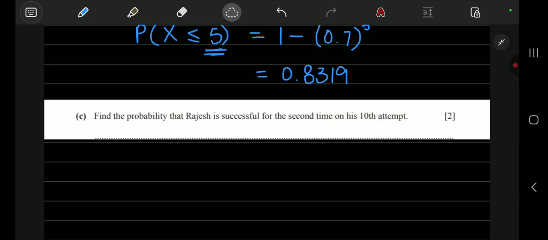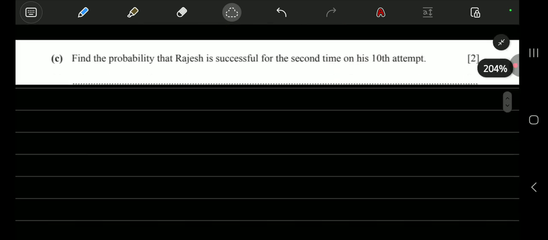So this is not a geometric distribution, because they are mentioning how many successes you get in a number of attempts. So this is a type of binomial distribution, where you repeat the experiment n times, and out of that you count how many times you get success. So this is a binomial distribution question.